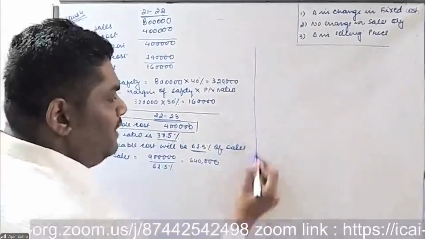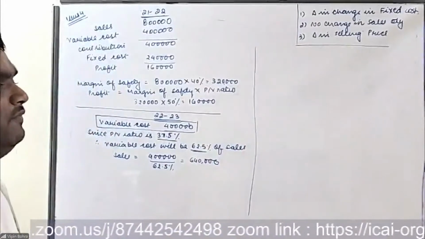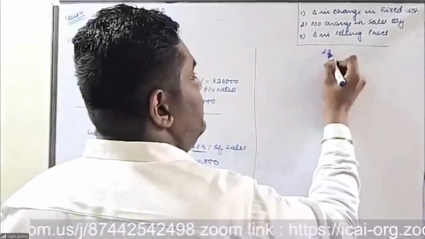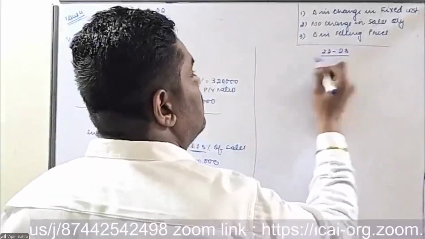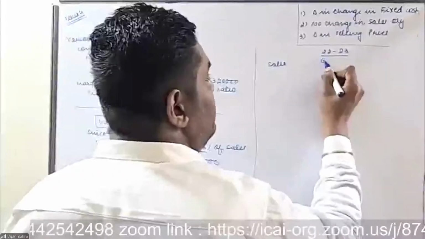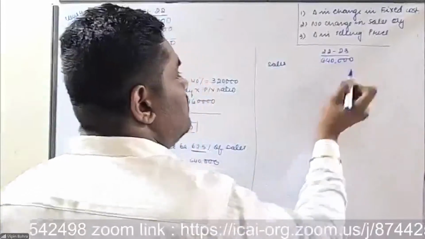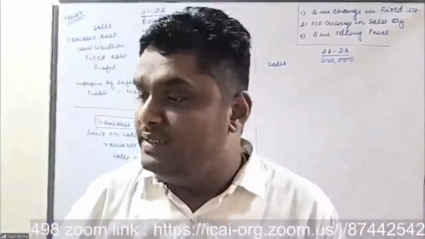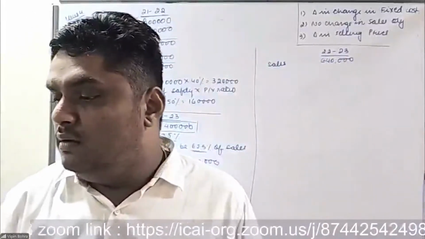Now herein we have calculated the sales. Now we can prepare the master chart, that is 22-23, wherein my sales is 6,40,000.